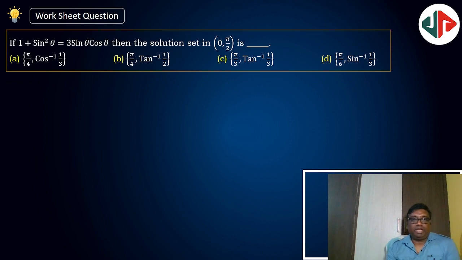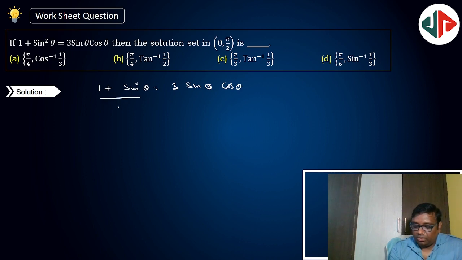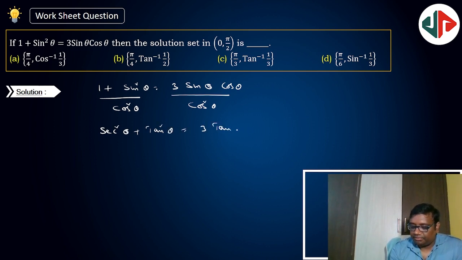1 plus sine square theta is equal to 3 times sine theta into cos theta. Divide on both sides with cos square theta. So it becomes secant square theta plus tan square theta, and this is 3 times tan theta.